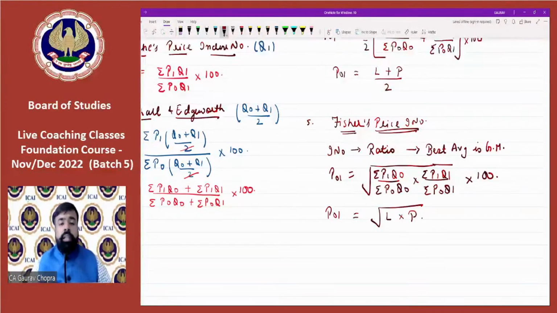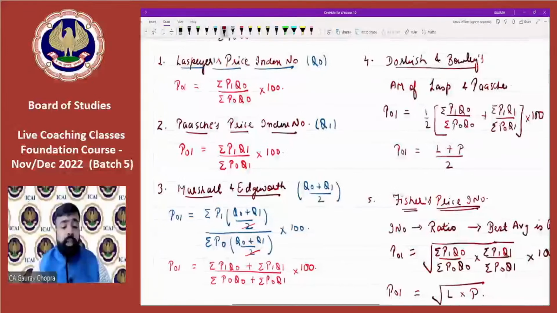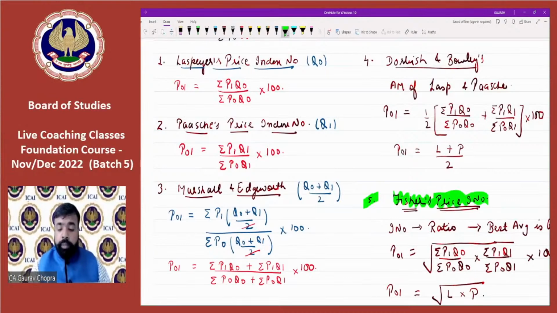So these are the 5 methods to solve under weighted aggregative method. All right. So out of these 5, which one is treated as the best method? So this Fisher's price index number is taken as the best method.